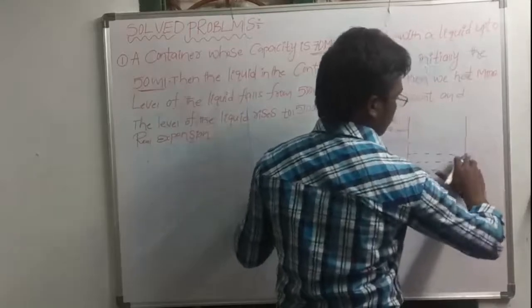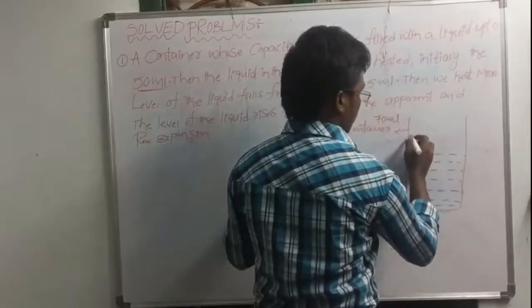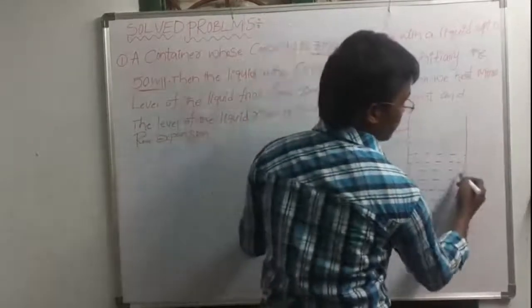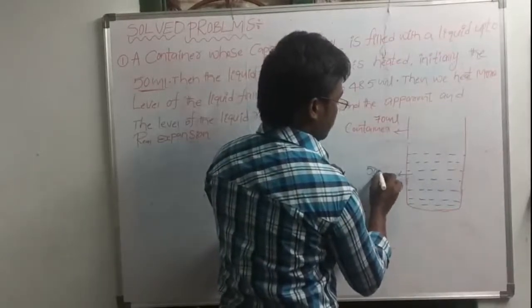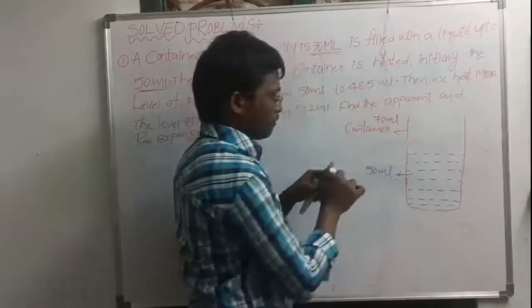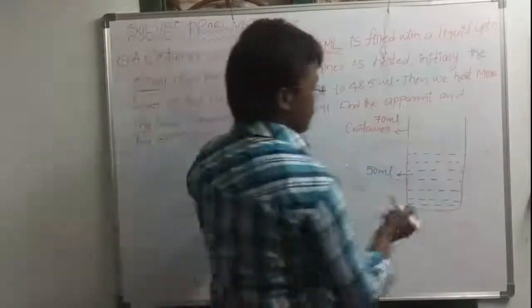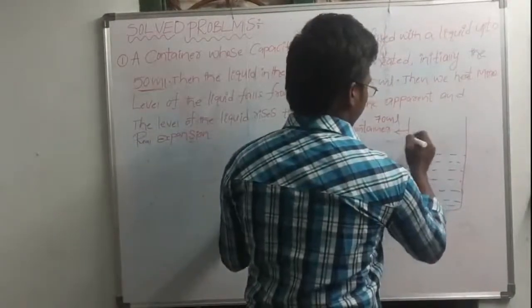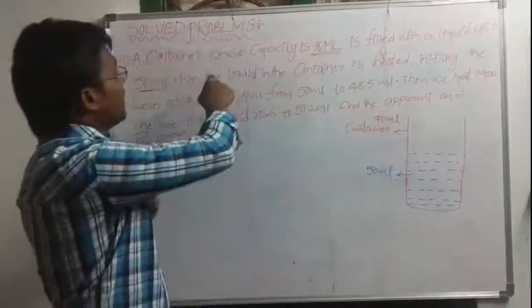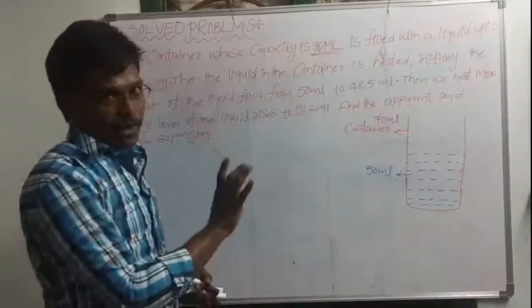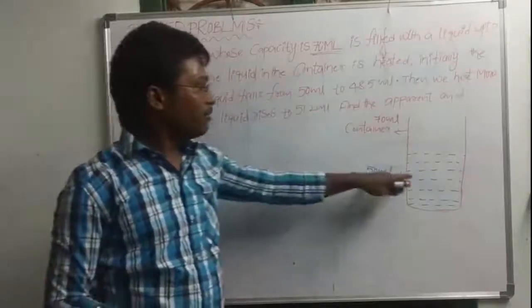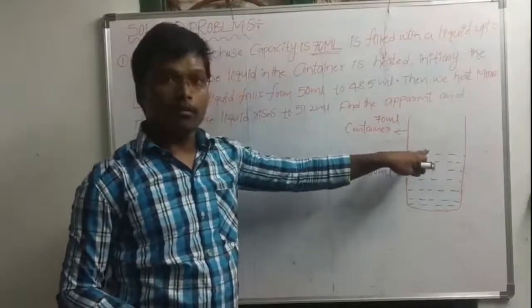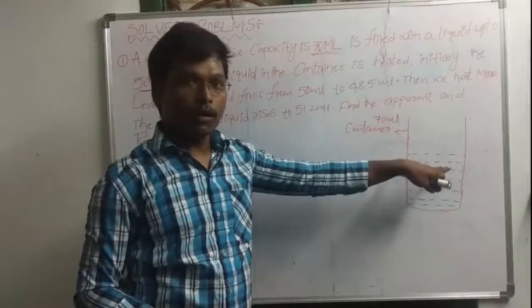This is how much? 50 ml. A container whose capacity is 70 ml is filled with a liquid up to 50 ml. Only 50 ml of liquid we poured into the container.